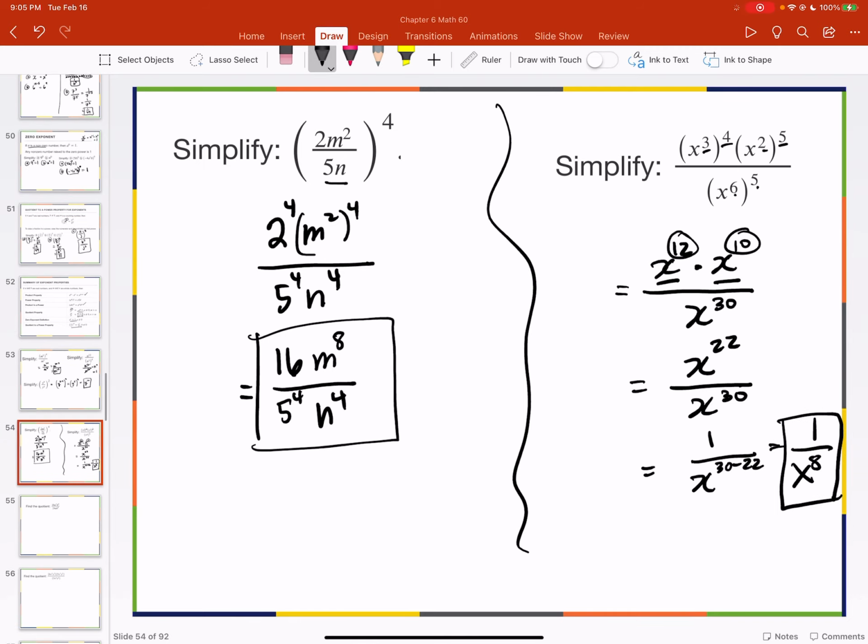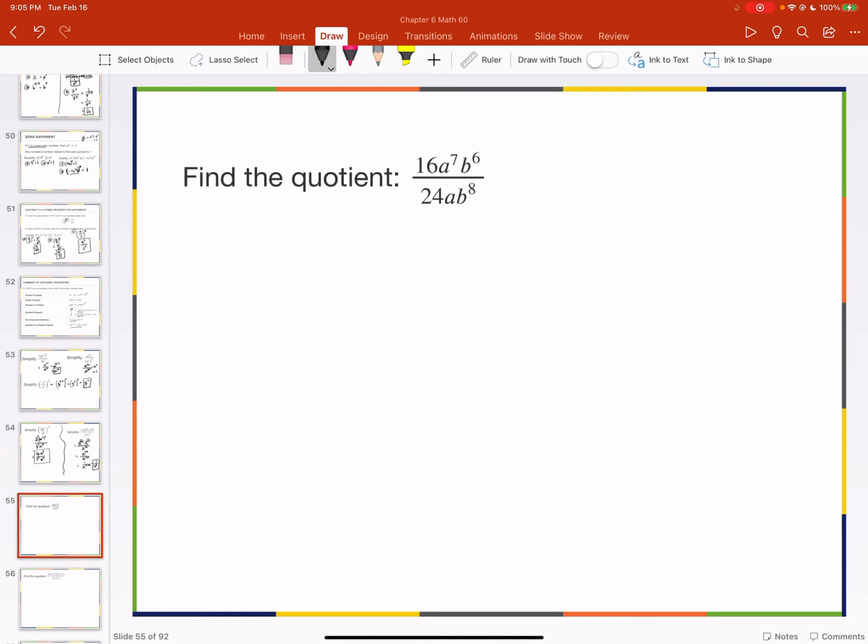All right, let's do another quotient here. Let's see, can we reduce? What number divides into 16 and 24? How about 8? So if I take this, divide top and bottom by 8, I get 2 over 3, 2/3. Then the a's, so let me just write the rest of it.